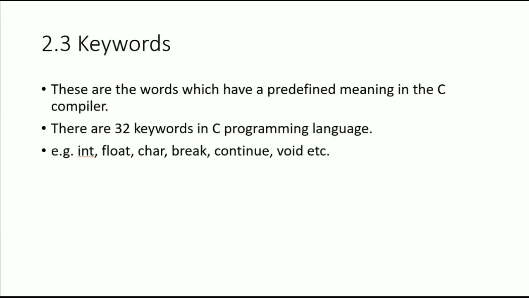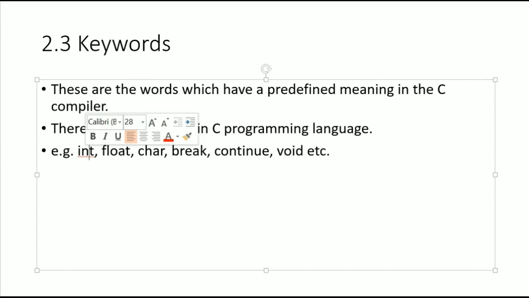Moving on to the next slide. Keywords. Keywords are the words which have predefined meaning in the C compiler. There are 32 keywords in the C programming language. For example, int, float, char, break, continue. All these words have predefined meanings in the C programming language, and these are reserved for special usage only.